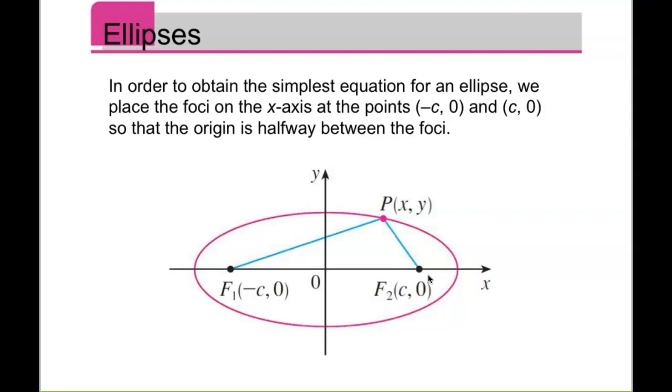And one more thing, we're going to define the length of the major axis, so this distance. That's going to be 2a.